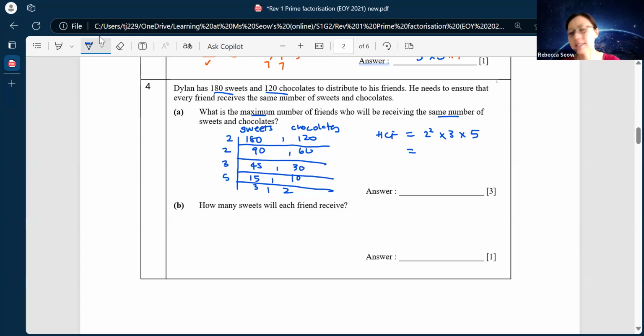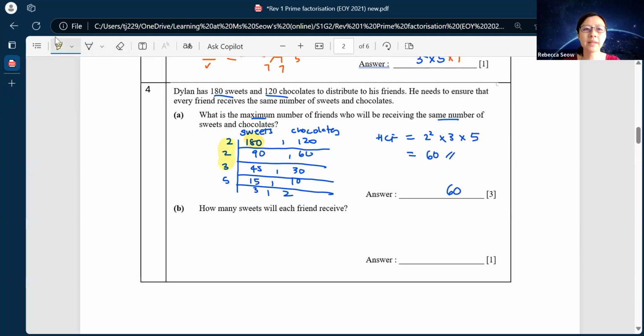That will give us 60. So 60 friends. How many sweets will each friend receive? Okay, so let's take a look. There are 180 sweets altogether, going to be divided amongst 60 friends, and each friend will receive this amount of sweets. So 180 divided by 60 equals 3. Each friend will receive 3 sweets.